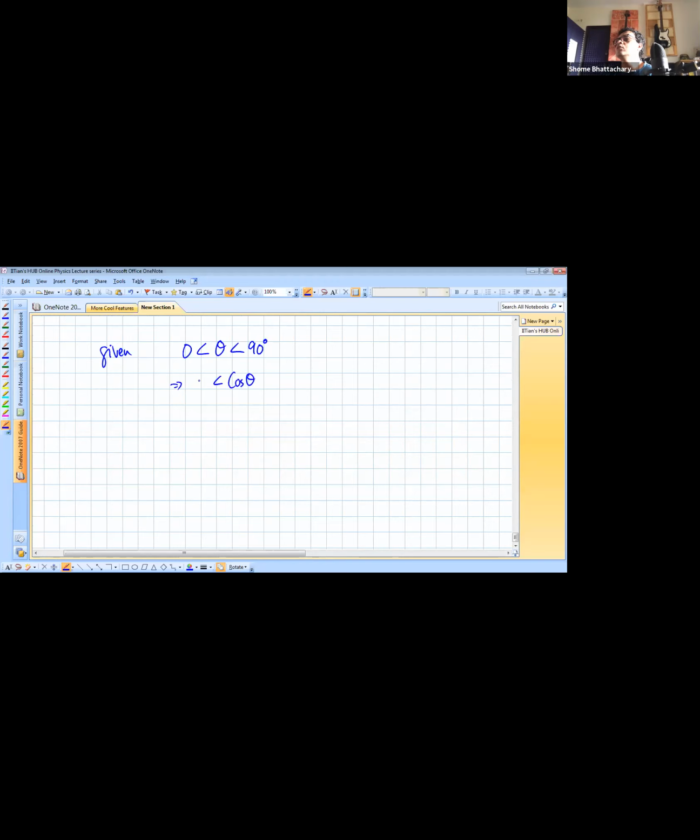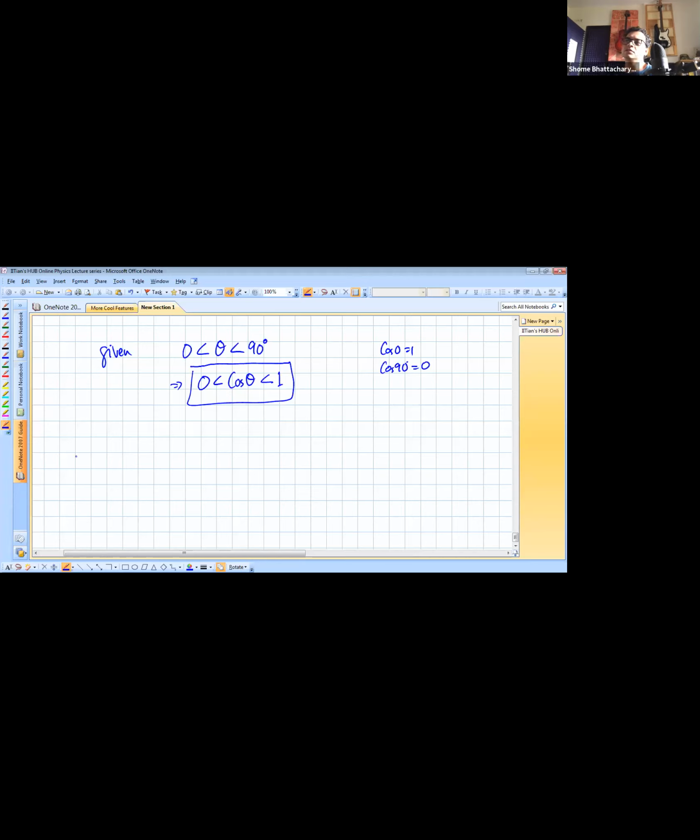Cos theta cannot be equal to 0 because theta is not equal to 90. So it's always greater than 0 and less than 1, cannot be equal to 1, because you know that cos 0 is 1 and cos 90 is 0. So cos theta is a fractional quantity, less than 1 but greater than 0.